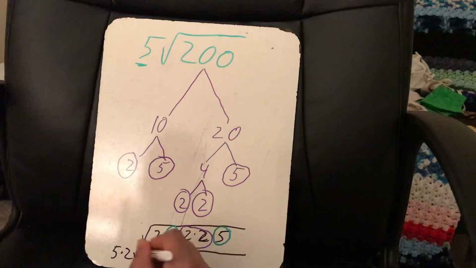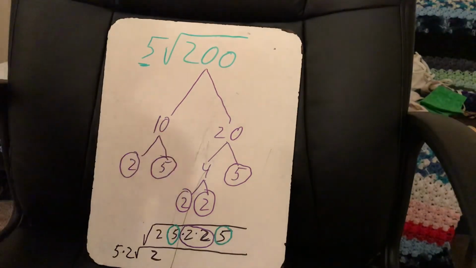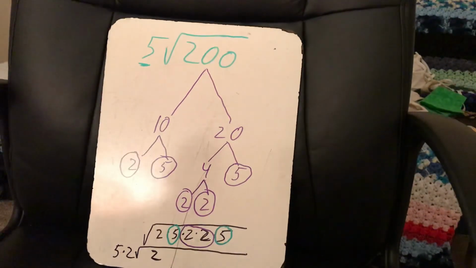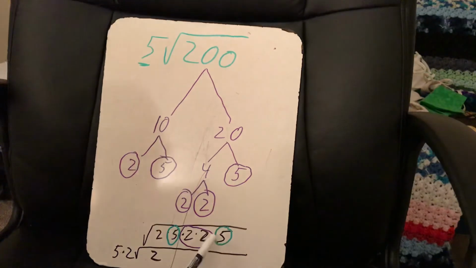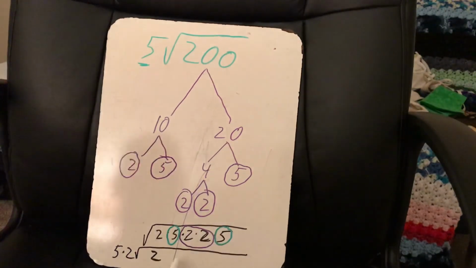Again, we only took out one of each pair. And then we were still left with the 2 that didn't have a pair underneath. Anytime you have a pair, none of the numbers in that pair should be inside anymore. So in this case, we had a pair of 2s, and that's where this 2 came from. But because we had this 1 two left here without a pair, that still gets brought down.